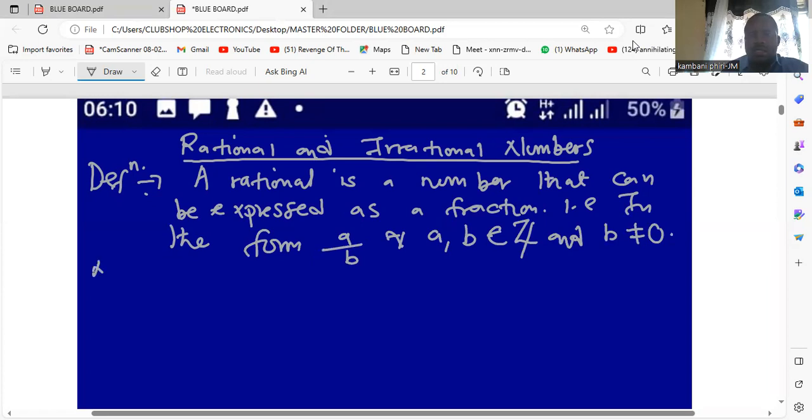All right, we note that a rational number is denoted by this symbol. So we are saying we need to express it in this manner.